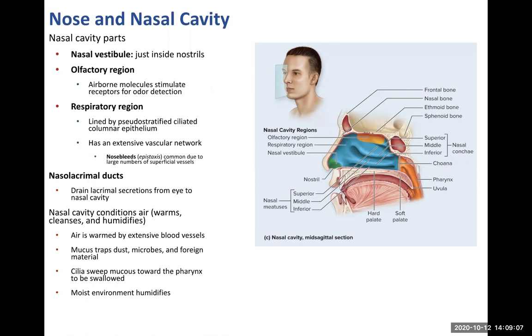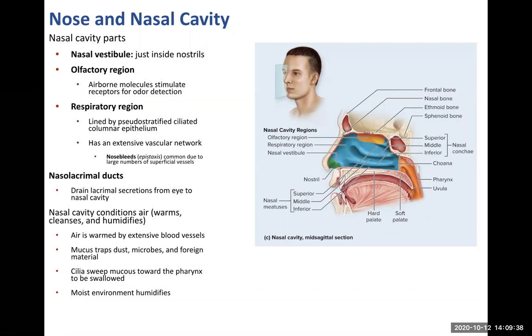We also have, as part of the nasal cavity or associated with it, the nasolacrimal ducts. These are the ducts that drain secretions from the eye and dump them into the nasal cavity so that they can ultimately be swallowed. And as far as the functions of the nasal cavity are concerned, having all of this extensive vasculature has the effect of warming and humidifying the air that we breathe.